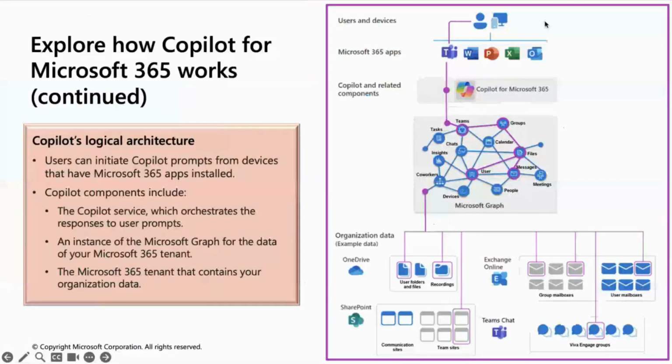So we can use Copilot via any of these applications, and you write your instruction to Copilot. For example, I have mentioned that I wanted to summarize all the emails that I have received from certain people in my organization for the last 1 week. This is the prompt I have written.